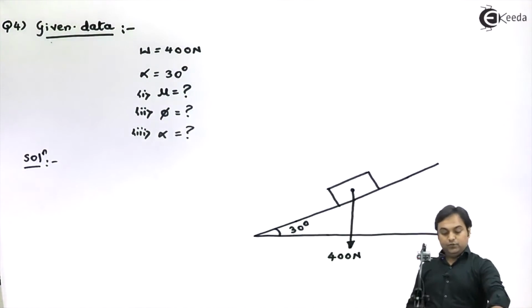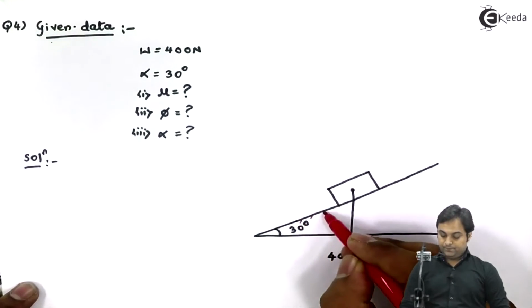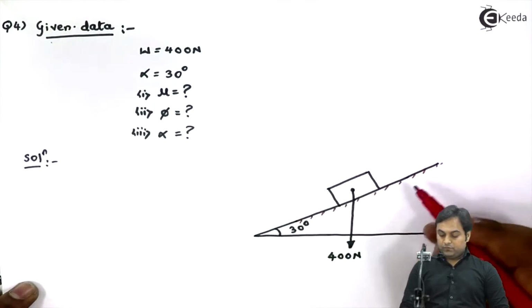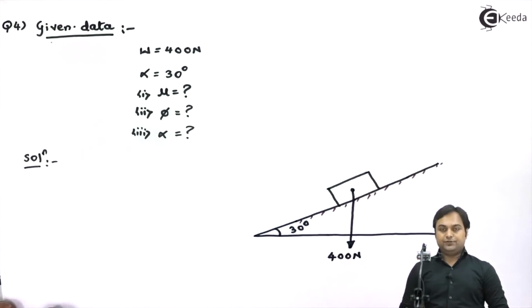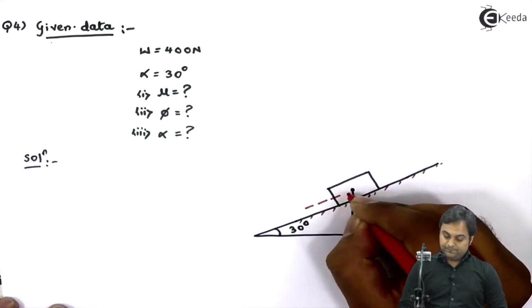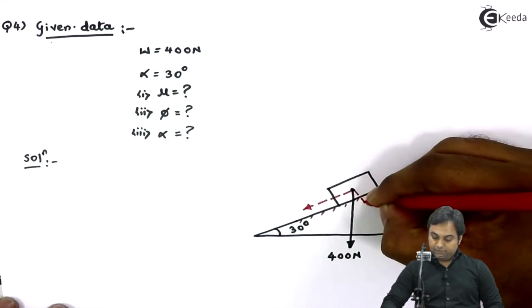Now, as we know that since weight is acting downward on an inclined plane of 30 degree, we would be having two components of weight, one which is parallel to the plane and the other which is perpendicular to the plane.